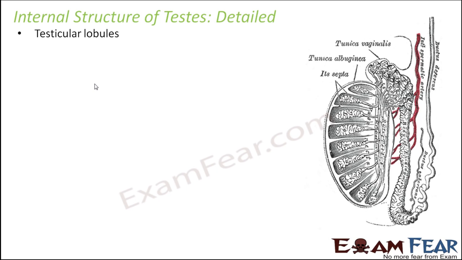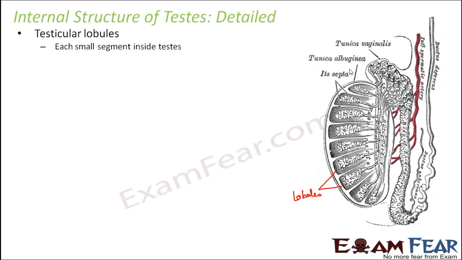So let us start with testicular lobules. What are testicular lobules? Here, if you see, this is the testis. Inside the testis you can see there are sections. This is one section, this is another section, this is yet another section. Each of these sections is known as a testicular lobule. These are small segments inside the testis.